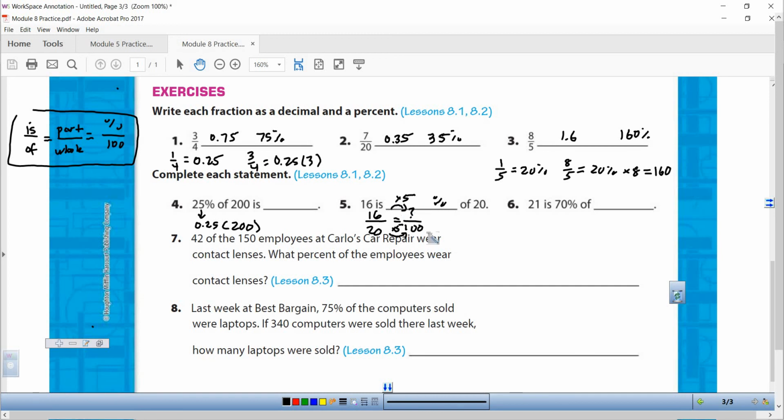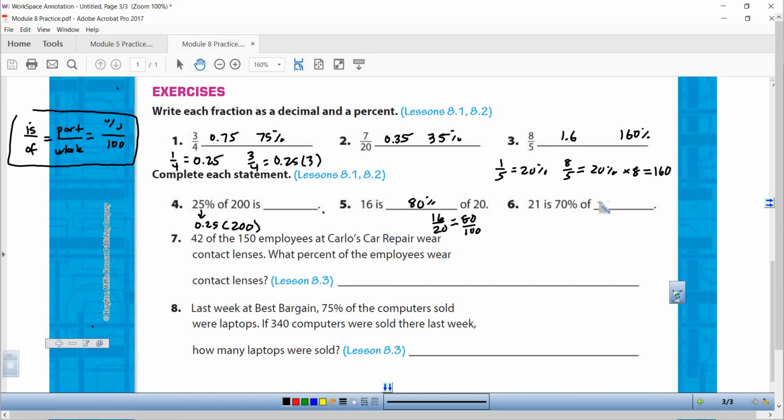We're using proportional reasoning: if the denominator is 5 times as big, the numerator must also be 5 times as big. So 16 times 5 is 80. The answer we're looking for is 16 is 80% of 20, because 16 over 20 is equal to 80 over 100. When you have percent problems, that denominator is always 100.